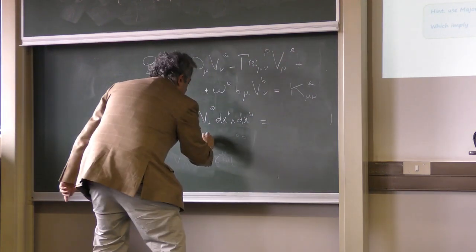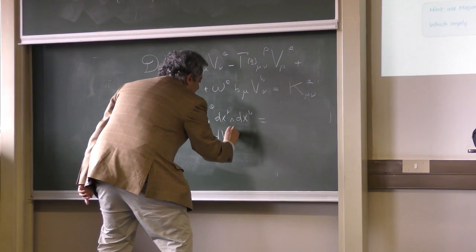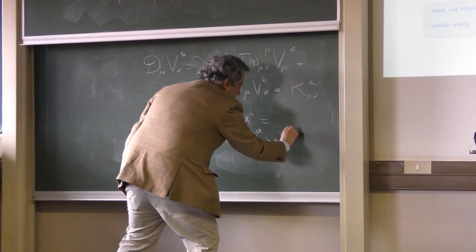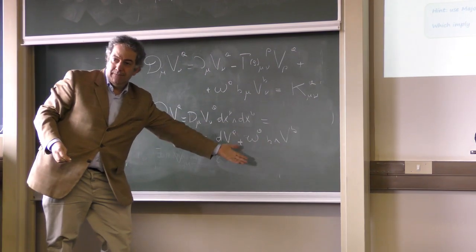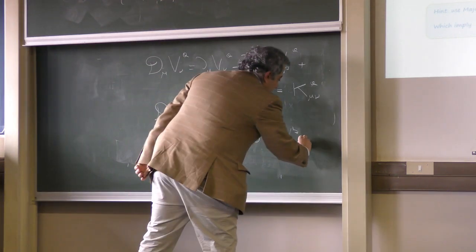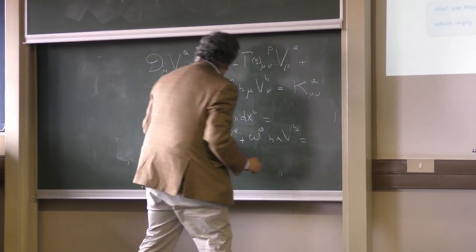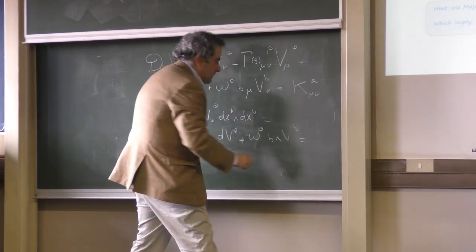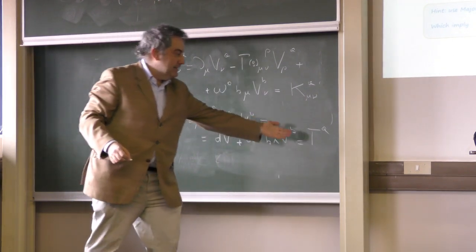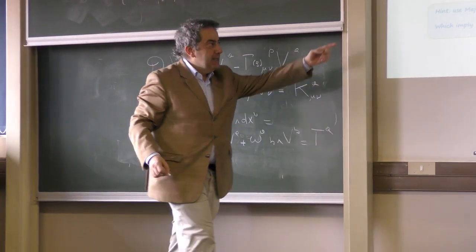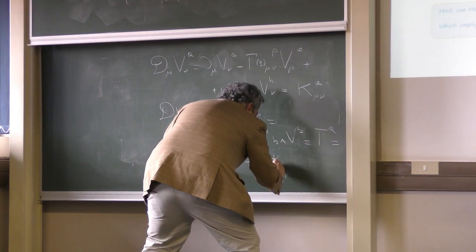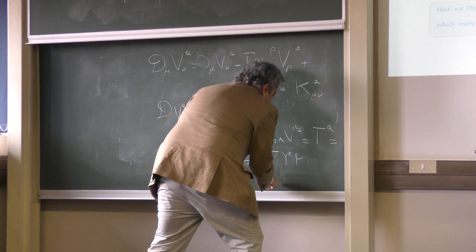This drops out, and you get dv A plus omega AB wedge v B, which is this term written in form notation. This is equal to the torsion. Whatever you find on the right hand side, this is the torsion. This equation is telling you that this is equal to i over 2 psi bar gamma A psi. So you have torsion.